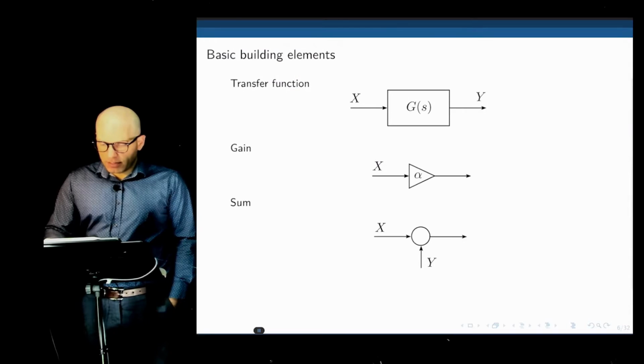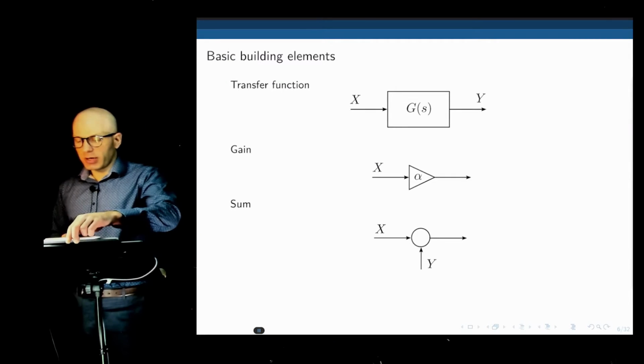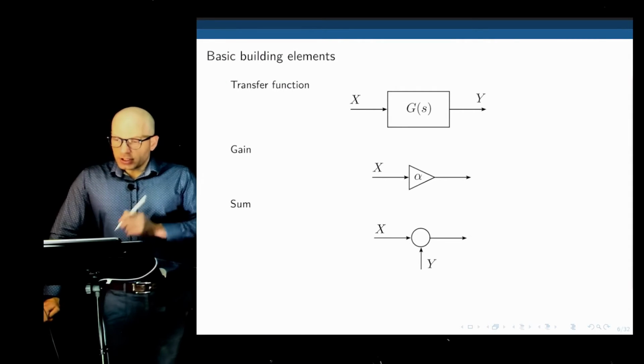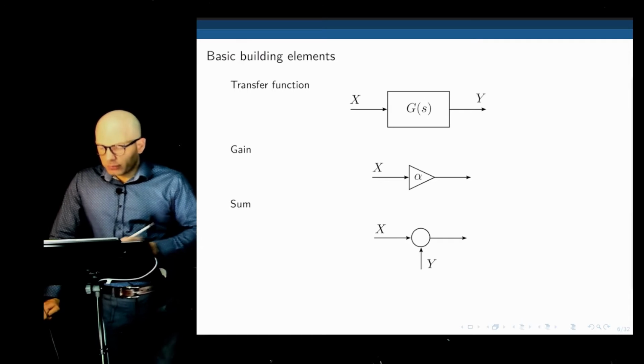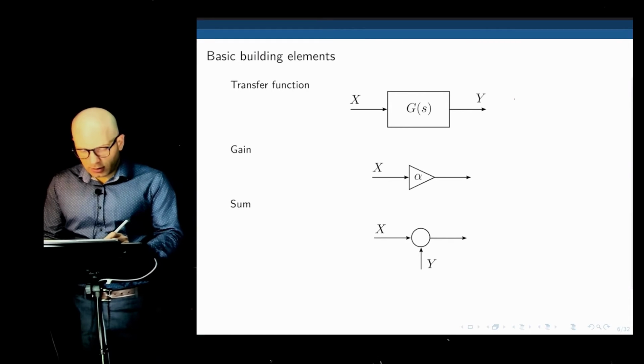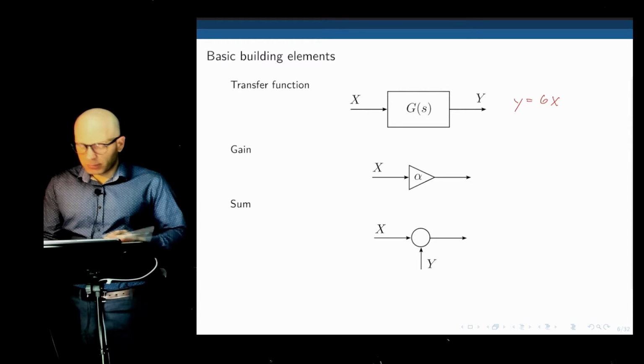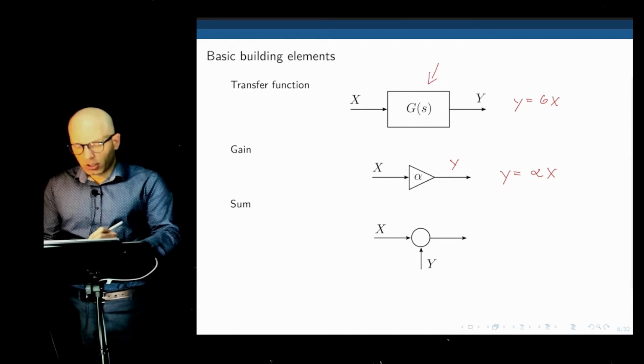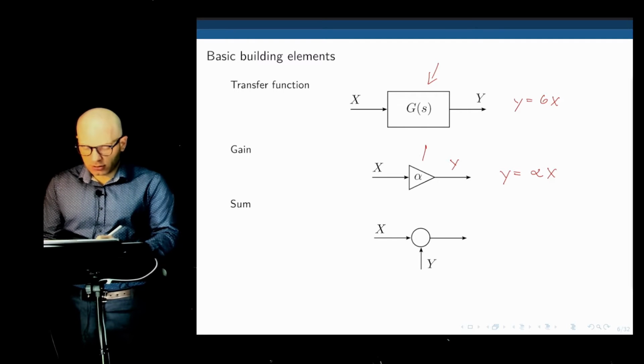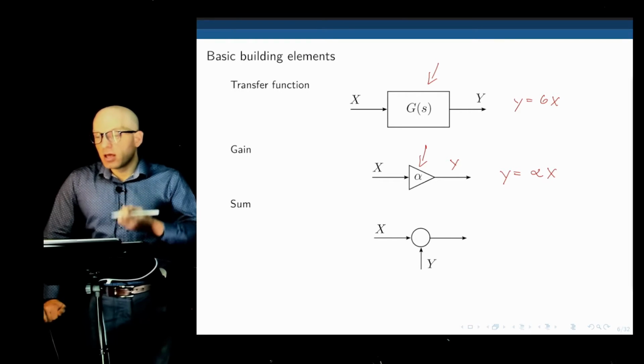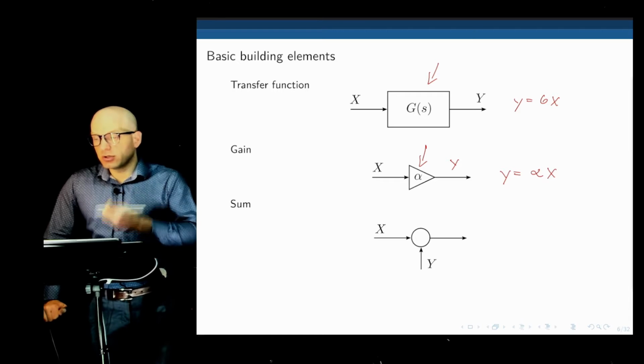So we saw some basic ways to build the simulation diagrams. These are the basic functions we covered before. The first one is a transfer function, and from this we know that the output y is g times x. For the second one, again, we know that the output here is alpha times x. So the first one is a block because it's a function of s. The second one here is a triangle to indicate that it's only a function of a constant.